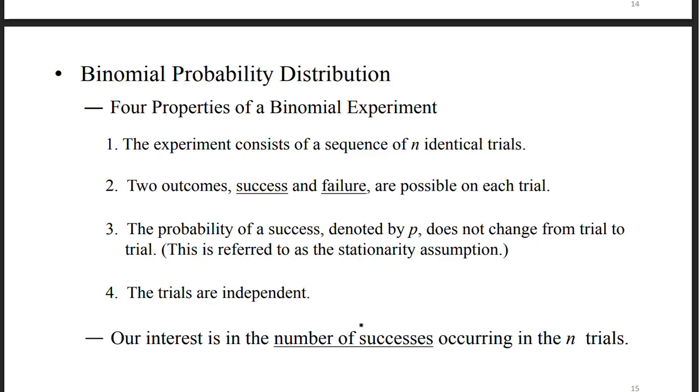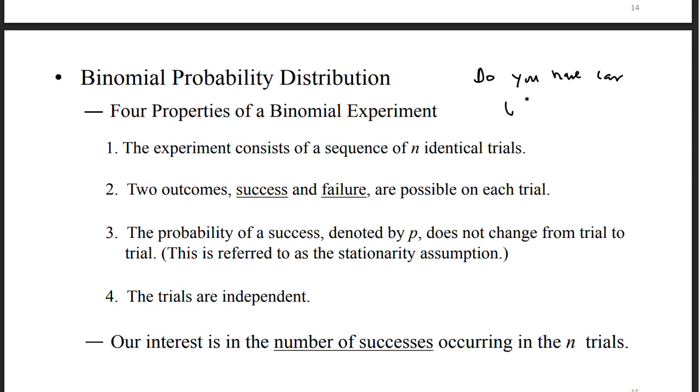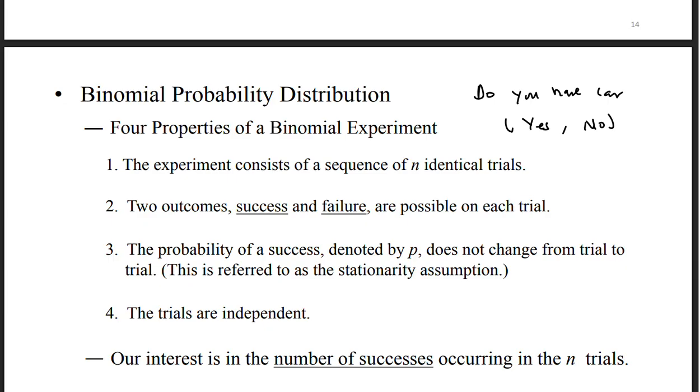Let's look at examples of instances where we could consider binomial distribution. Do you have a car? Yes or no? Because the outcomes are yes or no, that is a binomial distribution.